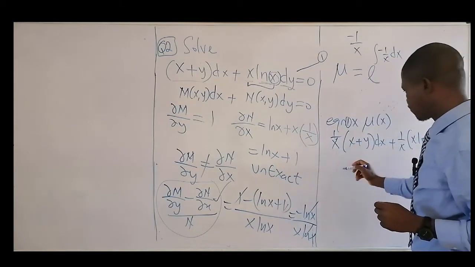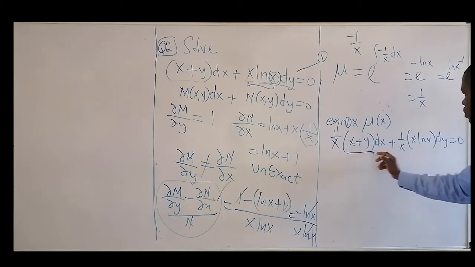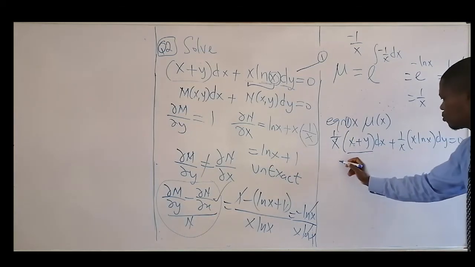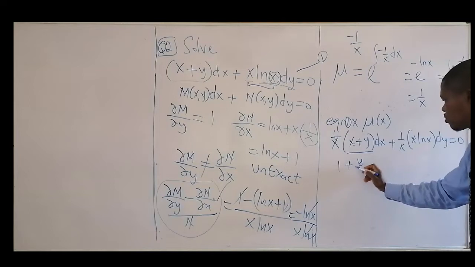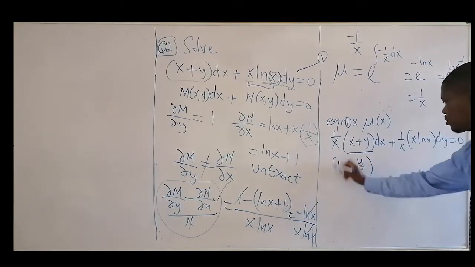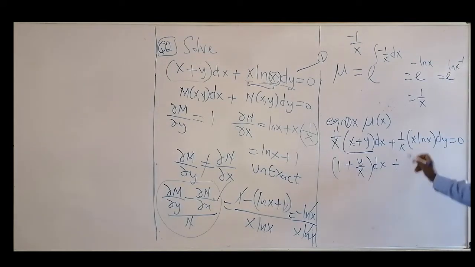So multiply this one with this one. That will be (1 + y over x) dx, then plus this one times this one, that's ln x dy equal to 0.